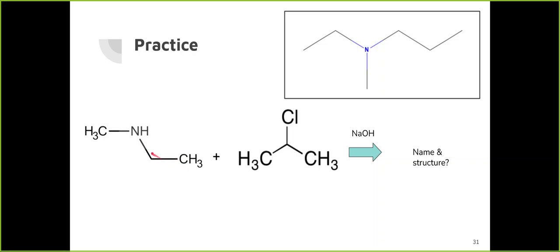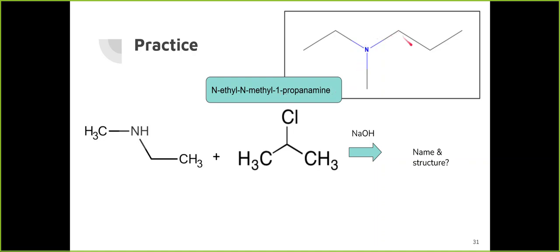And then this is your ethyl group, and this is your methyl group. So that gives you N-ethyl, N-methyl, 1-propanamine. So you've got your 3 carbons here, so that's propanamine. The nitrogen's attached to the end. So that's 1, and then you've got the N-methyl, N-ethyl.